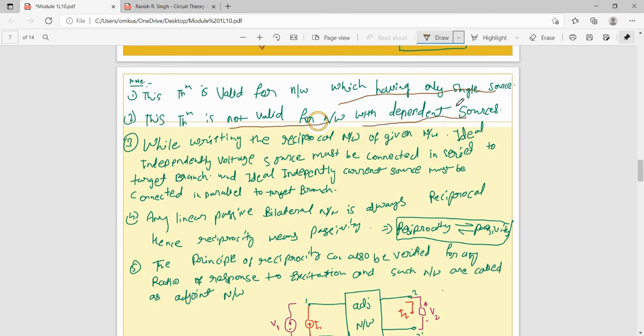Only independent source होना चाहिए, कोई भी dependent source आपके circuit में नहीं होना चाहिए while applying this theorem. While writing the reciprocal network of a given network, an ideal independent voltage source must be connected in series, right? ये already मैंने आपको बताया था, voltage source always connected in series.